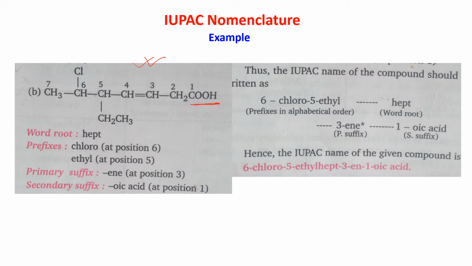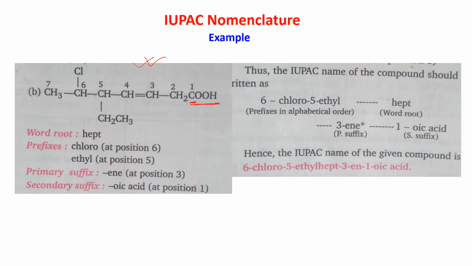This COOH group will lead the compound. If the functional group is containing one carbon atom, that carbon atom will also get a number, and that number will be number 1. Am I clear?